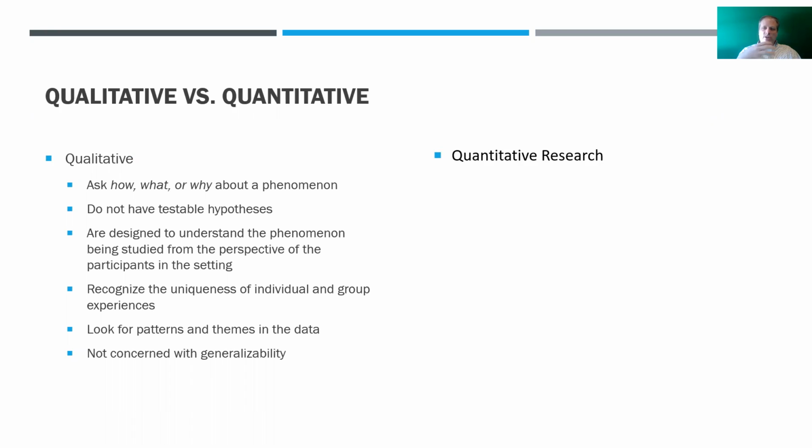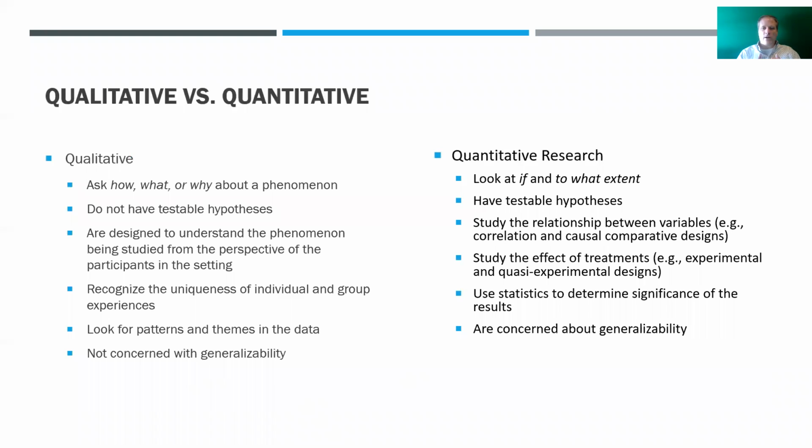We're just looking at understanding the unique phenomena, looking for patterns and themes in the data, and we're not worried about generalization. This is, of course, compared to quantitative research, where we are looking at if and to what extent something's going on. We have testable hypotheses, we're looking for relationships, and we also are using statistics to figure out if what we're seeing is significant or not. And again, generalizability is our primary concern.